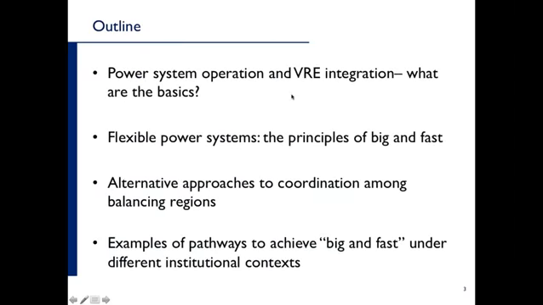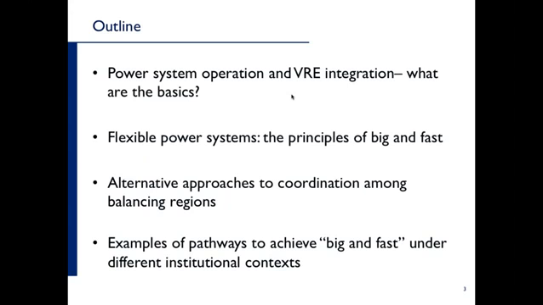The next slide shows a brief outline of what we're going to be looking at. We're going to spend a few minutes talking about basic power system operation and what that means for variable renewable integration. We'll then take a look at the concept of flexibility and how flexibility can help with the efficient integration. And as I mentioned, we're going to be focusing on the size of the balancing area and the speed of the economic dispatch.